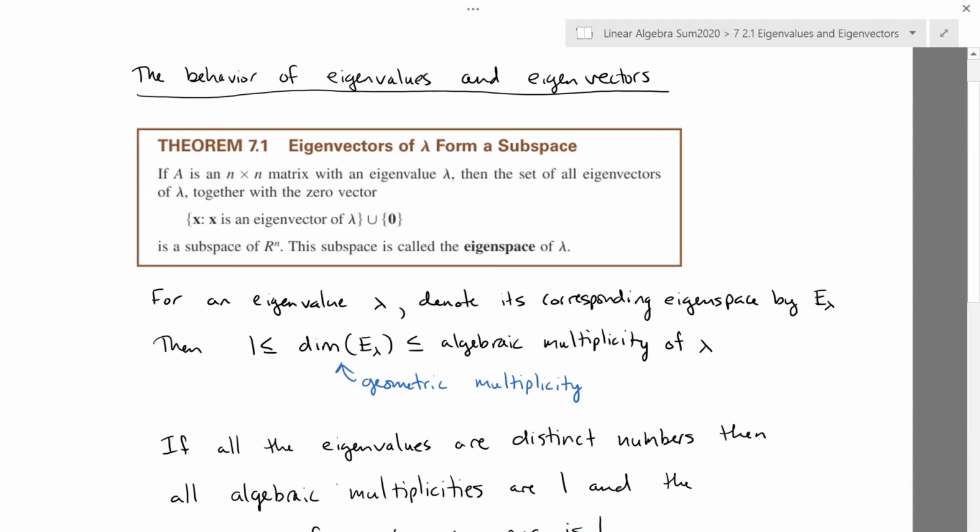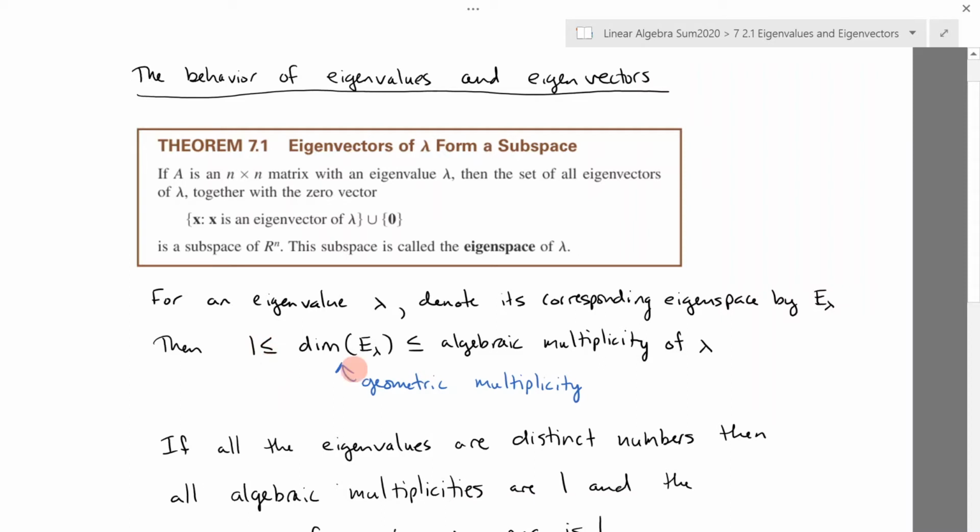So we have the corresponding eigenspace for each eigenvalue, and there's some restriction on what the dimension of the eigenspace can be. As I said, there's always going to be at least one free variable, so the dimension of the eigenspace is always going to be greater than or equal to 1.